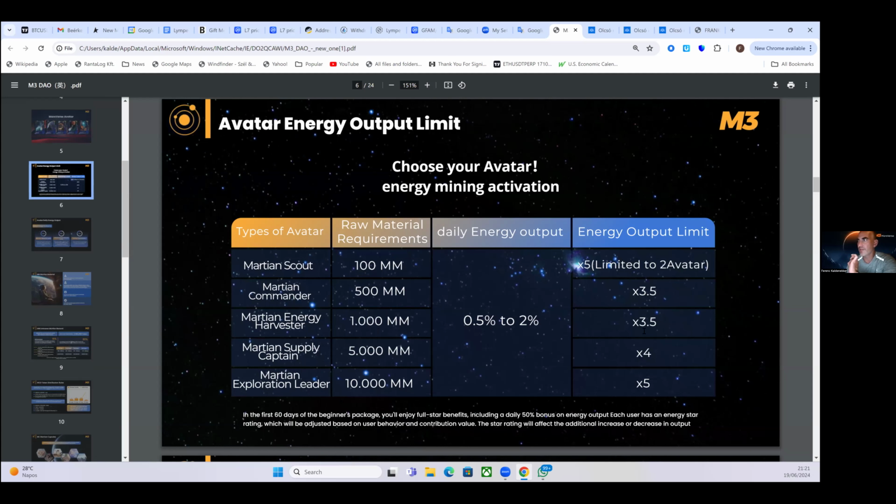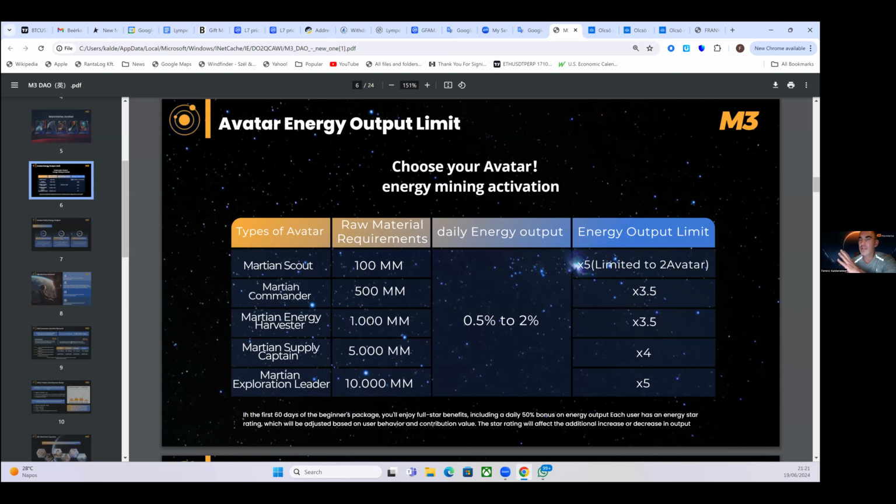Here is written 3.5 times, which means this avatar continuously produces reward for you up to 3,500. I hope you understand this one. So basically, by being here active or passive, the avatar is continuously working for you.